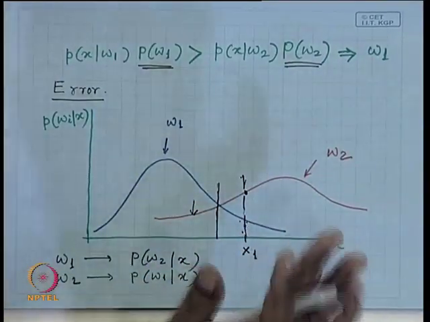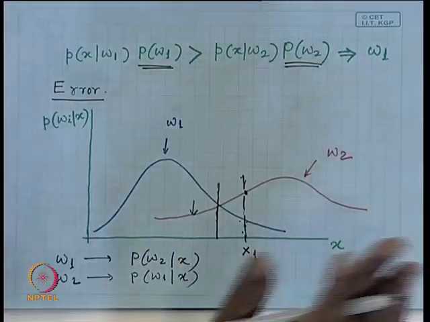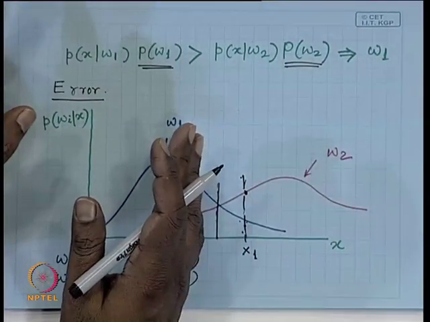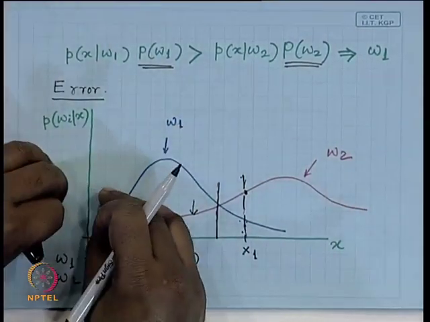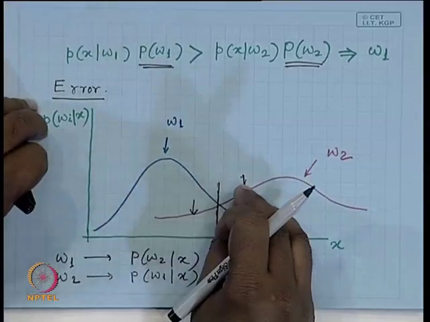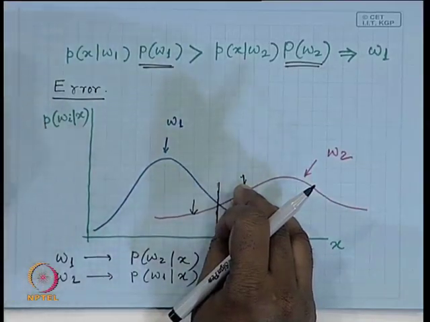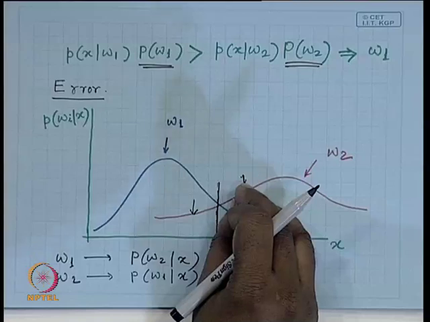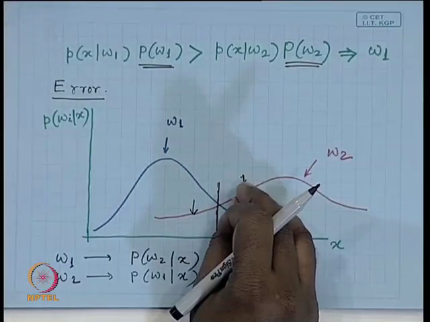So, whatever decision we take based on a particular observation x, the Bayes decision rule ensures that the probability of error is minimized. Is that okay? So, given a situation like this, what is the total error that we can have?